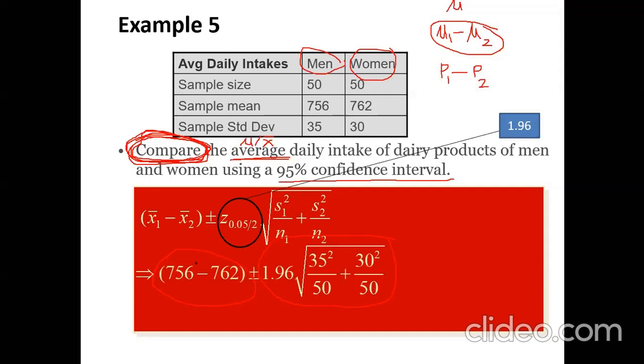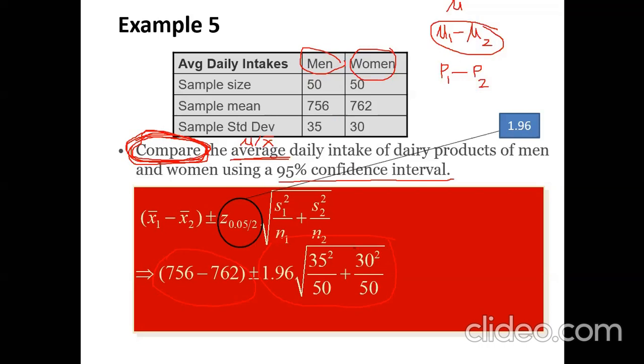Then when you substitute all the values, how do you know which one is sample mean 1 and which is sample mean 2? You need to read the question carefully. For this question it is straightforward: the first one is men and the second one is women. So men is sample 1 and women is sample 2.